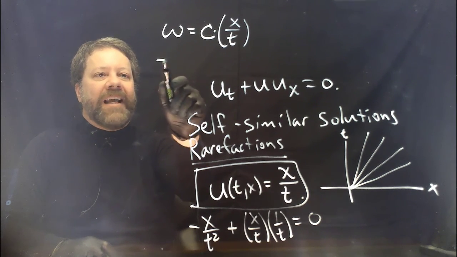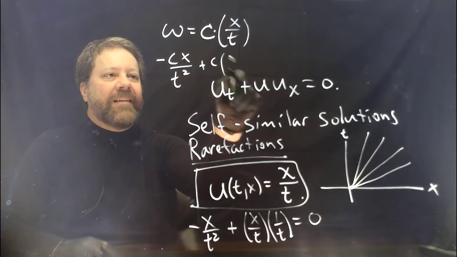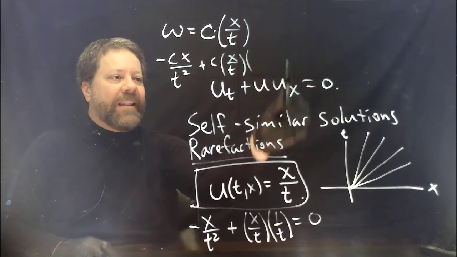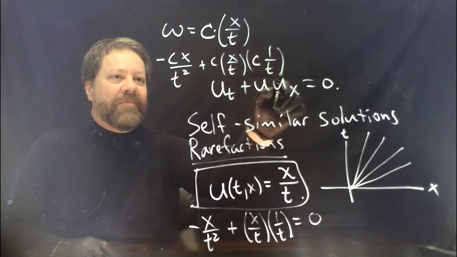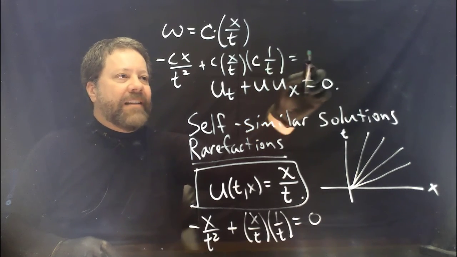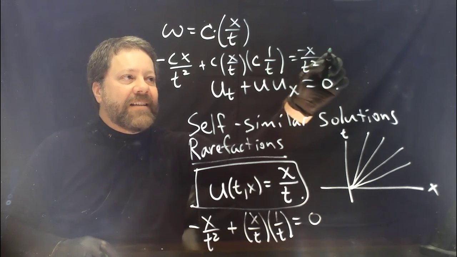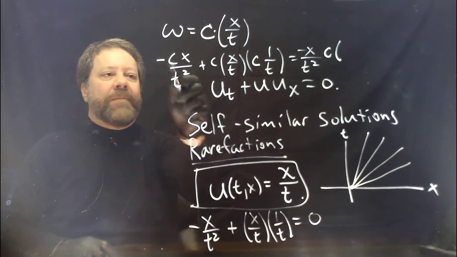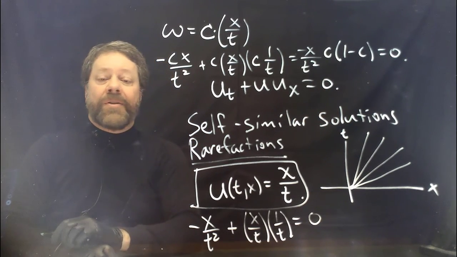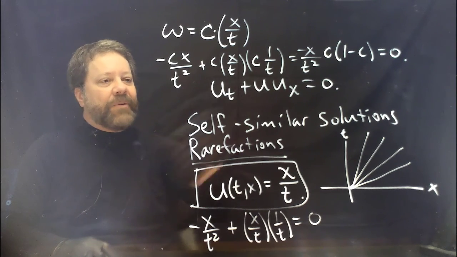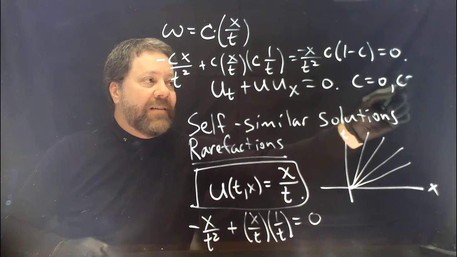You can see that we get negative c x over t squared plus c x over t, and then when we take the derivative with respect to x, we get another factor of c times 1 over t. So if we take the x over t squared out and a c out, we'll end up with 1 minus c left over. And if that's equal to 0, there's only two values of c that will give you a solution. C equals 0 and c equals 1.